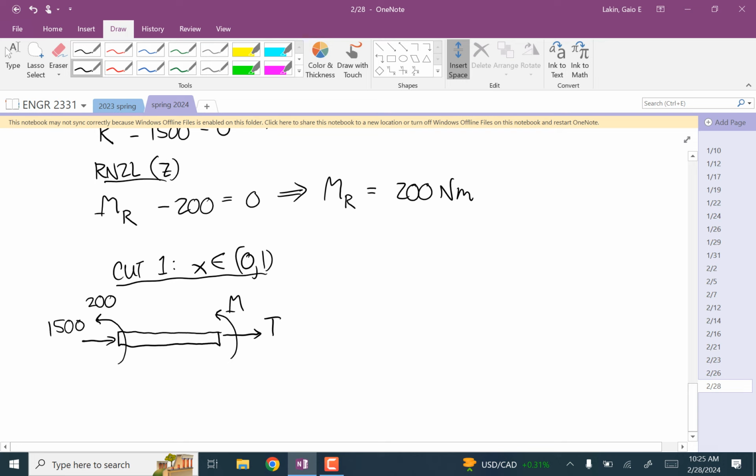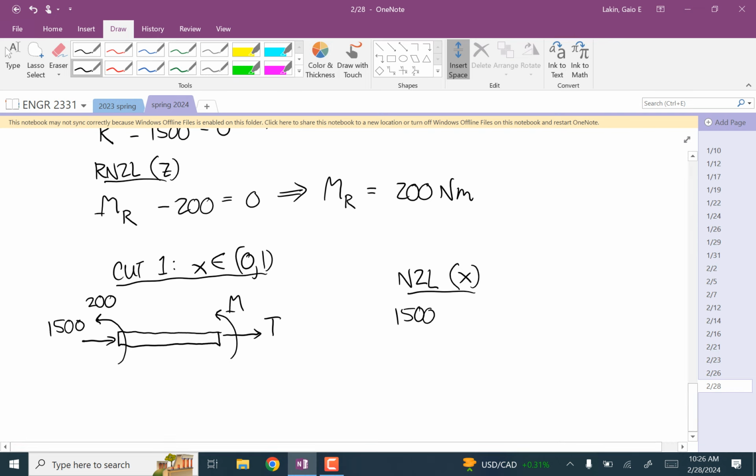If you calculated shear force or torque, those would just both end up being 0. So Newton's second law in the x direction. Like, if you feel more comfortable, you can keep all that stuff in there, calculate all the components. You'll just get V is equal to 0 and torque is equal to 0.